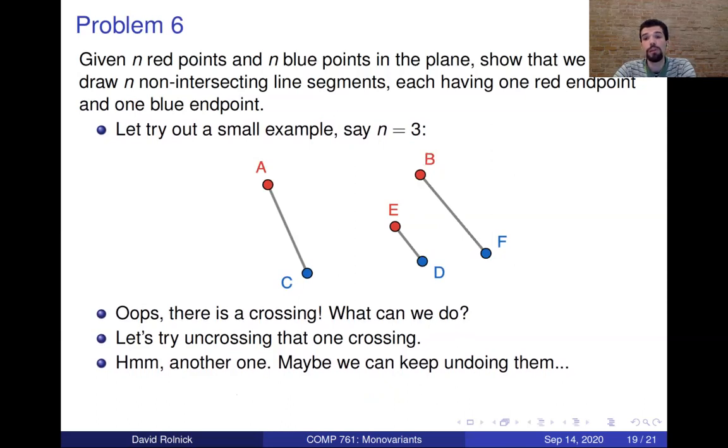Uncrossing could lead to a lot more crossings. So if we're looking for a monovariant here, it's not going to be the number of crossings necessarily. The number of crossings could increase or decrease. Is there something that's increasing every step or decreasing every step? We have a process that we'd like to show terminates, so it's a very good candidate for a monovariant.